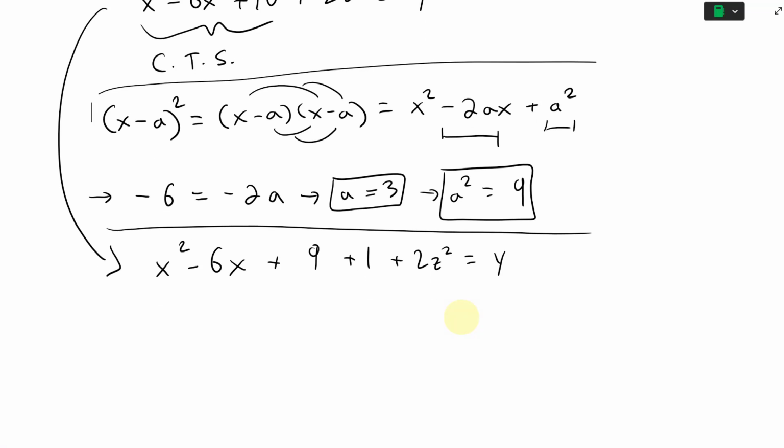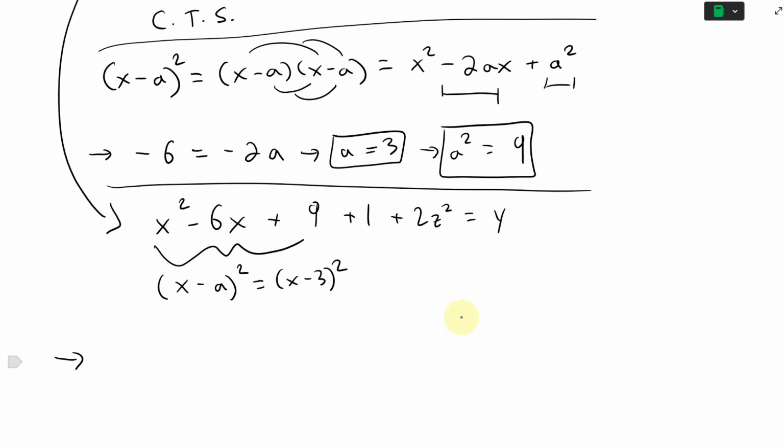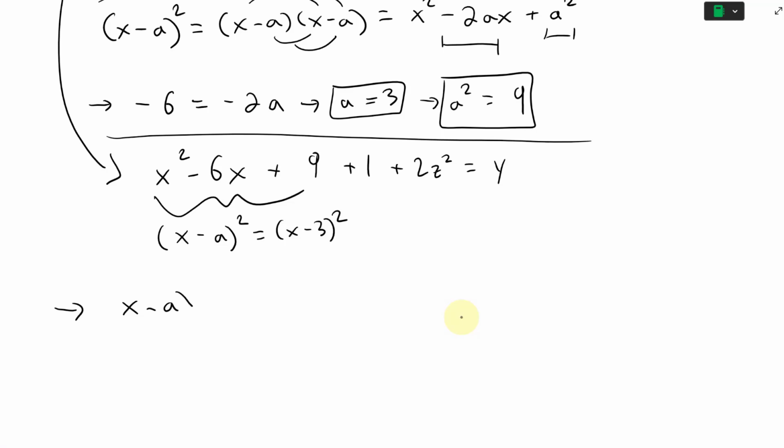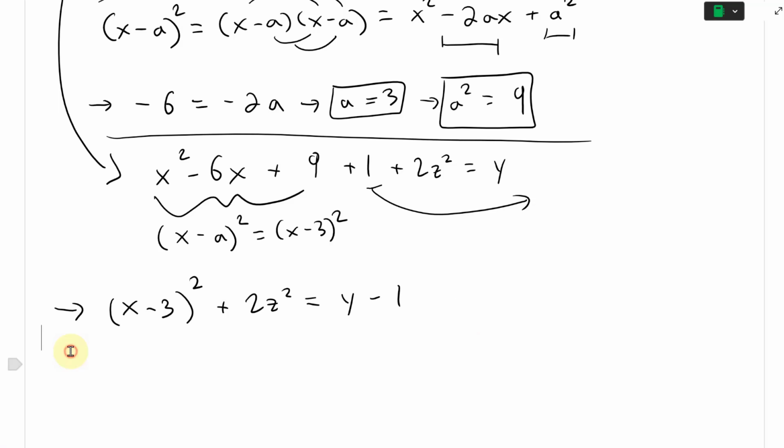And this part right here equals x minus a squared, which equals x minus 3 squared. So what we get is x minus 3 squared, and then put the 1 onto the other side, and we get 2z squared equals y minus 1. And I'm just going to bold or circle this one like this.